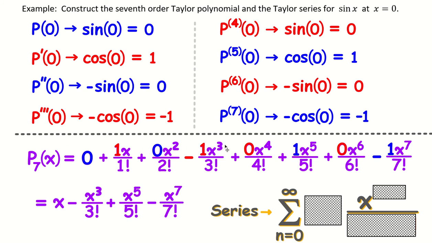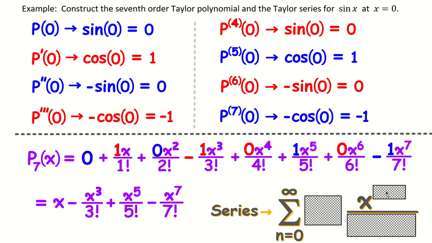It does up here, but not in our final series. If we kept this going, it wouldn't contain every single power. It looks like it's skipping powers, and only having the odd powers, to be frank. You know what I mean?